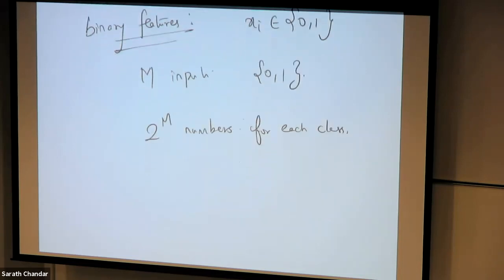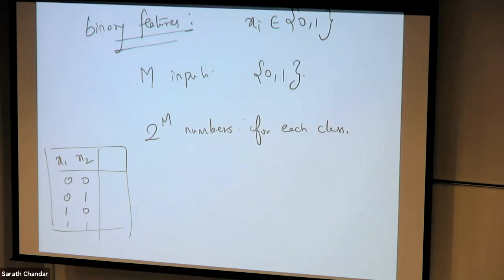So for example, let's take two variables. Let's say I have x1 and x2, and they are both binary. Then my probability table will look something like this. What is the probability for x1, x2 being 0, 0? What is the probability for 0, 1? What's the probability for 1, 0? What's the probability for 1, 1? This is discrete. It is not real values anymore, so you can talk about tables for probabilities instead of functions, right?